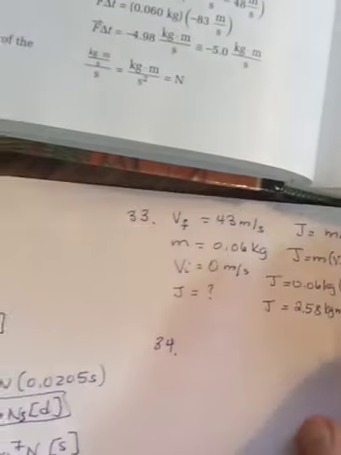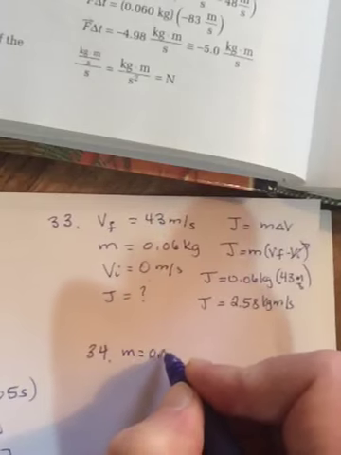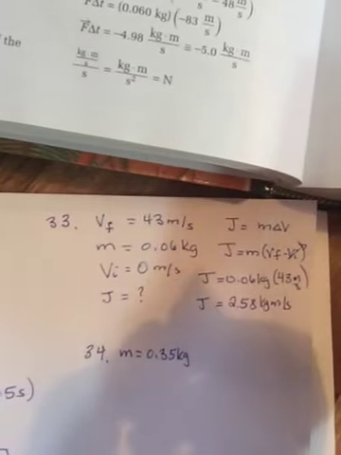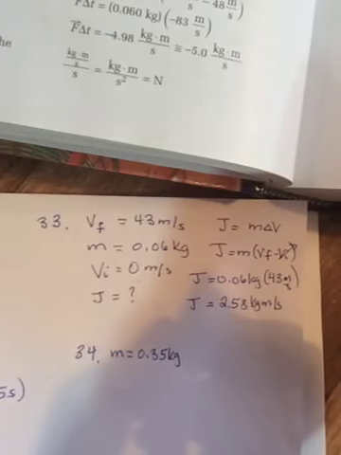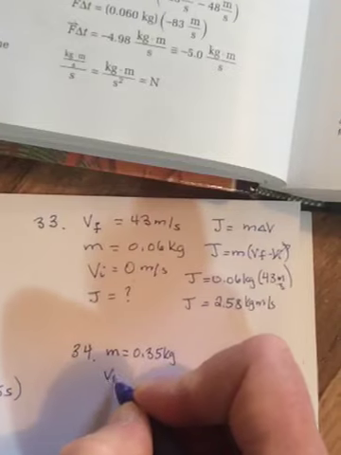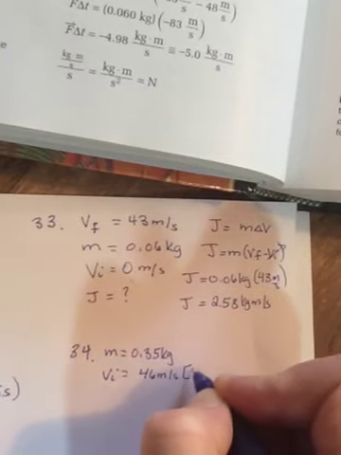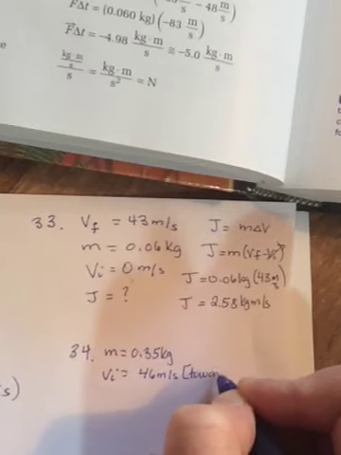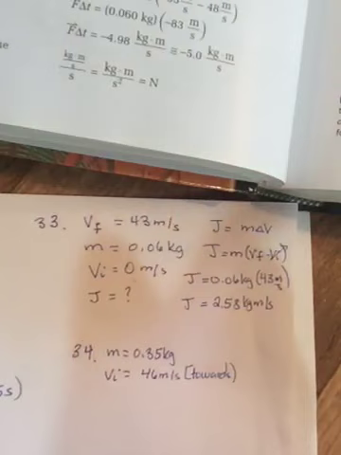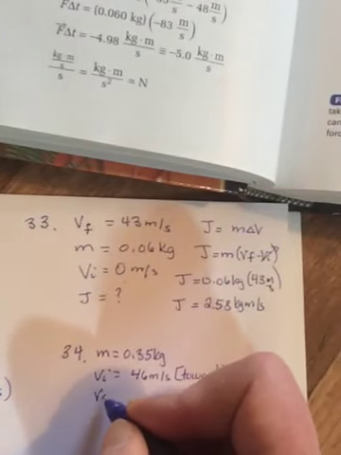says a 0.035 kilogram baseball, so that's our mass, is traveling 46 meters per second towards the batter. So VI, 46 meters per second towards. After the batter hits the ball, it's going 62 meters per second in the opposite direction.